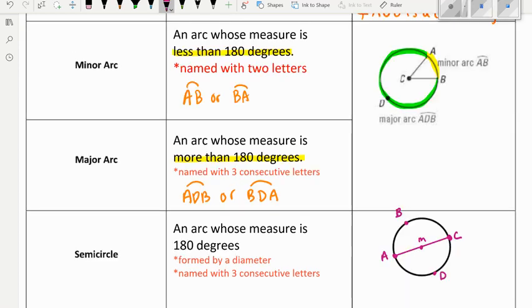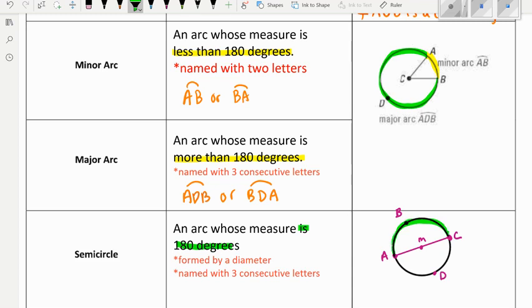And this next one is a semicircle, an arc whose measure is 180 degrees, so it has to be equal to 180 degrees. So for this, you can see that the diameter has to be right here, so it would go through. We know that the diameter tells us that this arc right here would be half the circle.